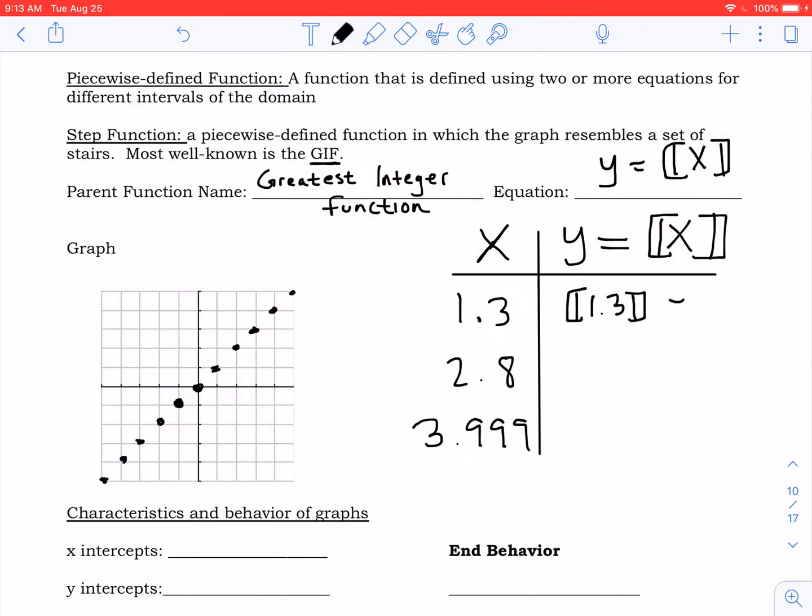And what this does, with integer in the name, but it's honestly a kind of misleading name, is it's going to take any number inside of these double brackets and round it down to the nearest integer. That's a little misleading because you'd think greatest means round it up, but it's actually rounding it down. So double bracket 1.3, if we round that down to the nearest integer, that's 1.